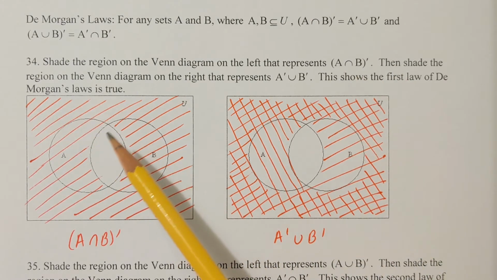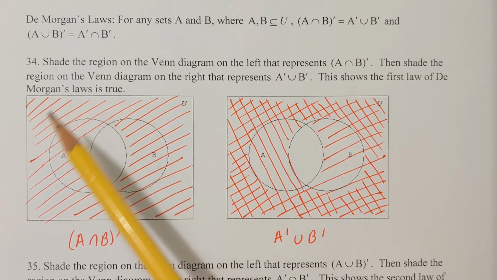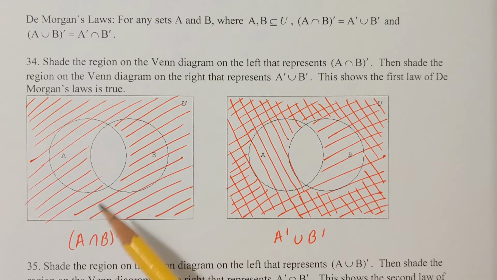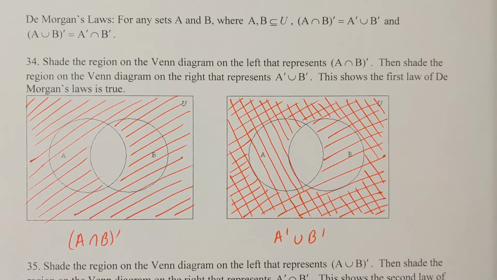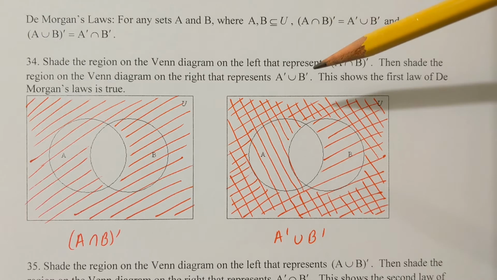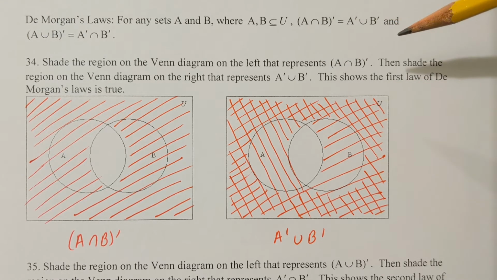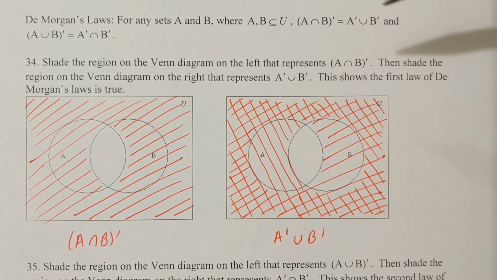So I want everything outside where A and B overlap. Okay, so I've shaded there everything outside of where A and B overlap. This shows the first law of De Morgan's laws, which is true. Okay, so this statement right here.